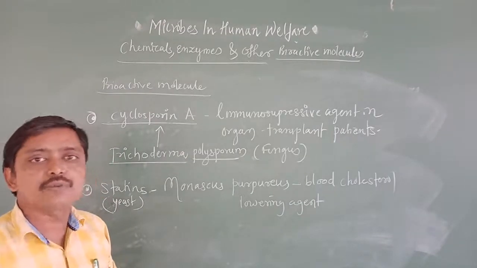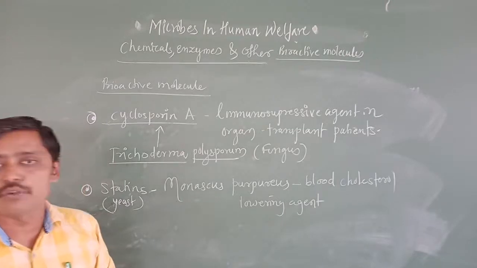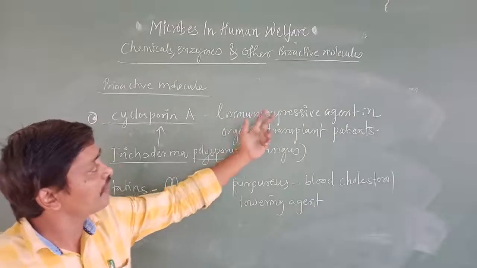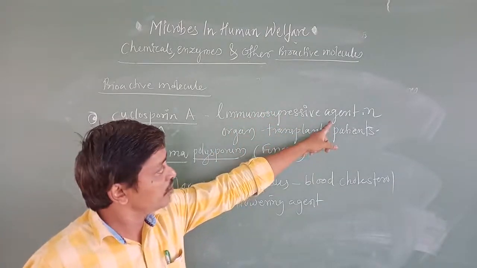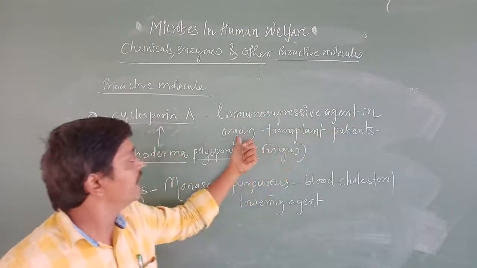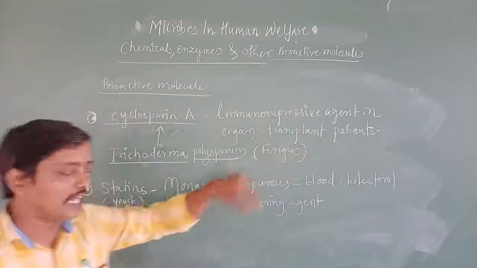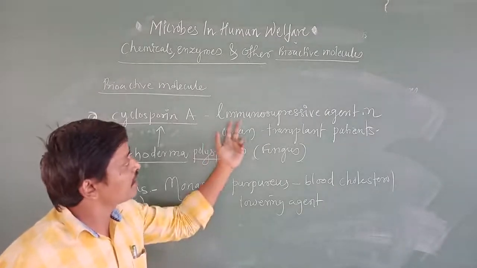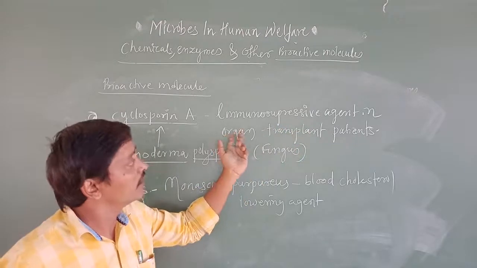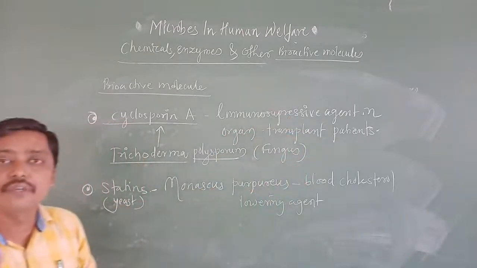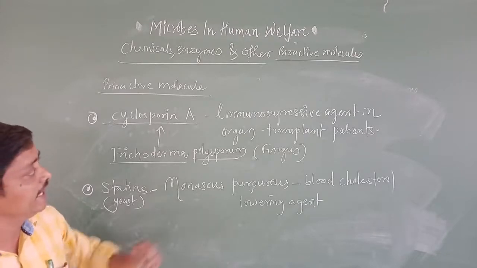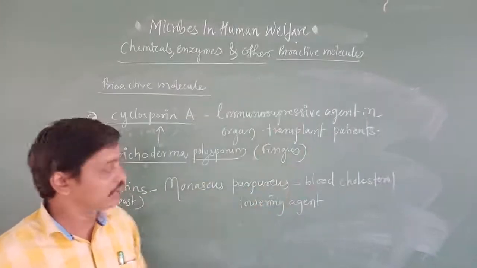Here, a one mark question is going to be asked in the final exam in such a way: name the immunosuppressive agent which is used in organ transplant patients. Or the question may be asked as: name the fungus which is used for the production of the immunosuppressive agent in organ transplant patients.